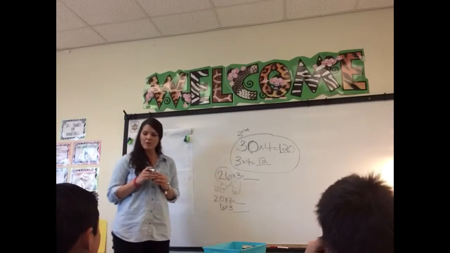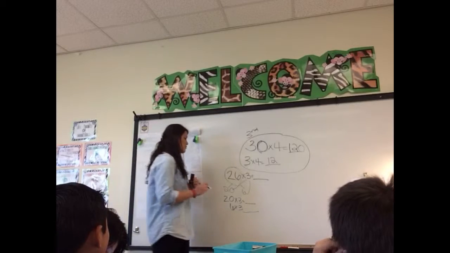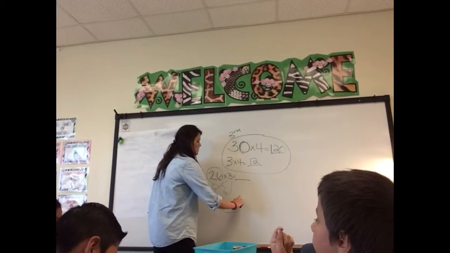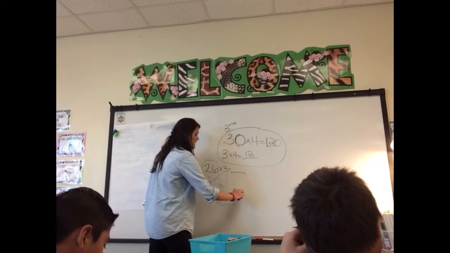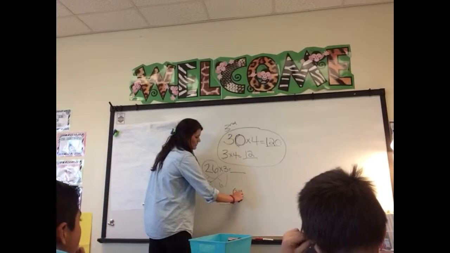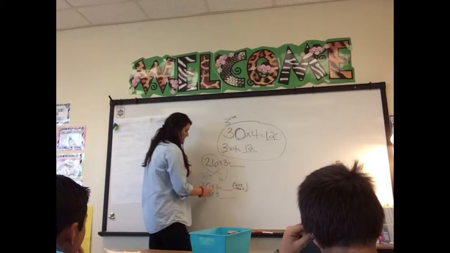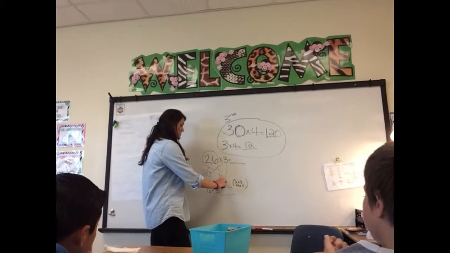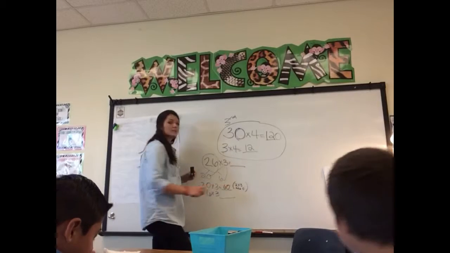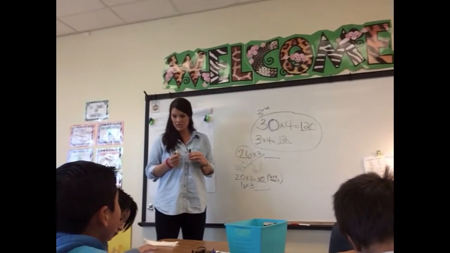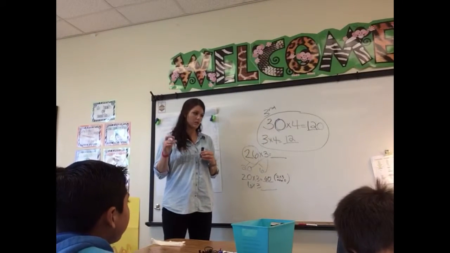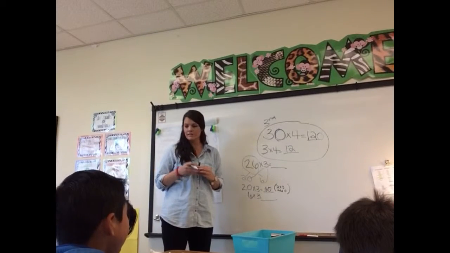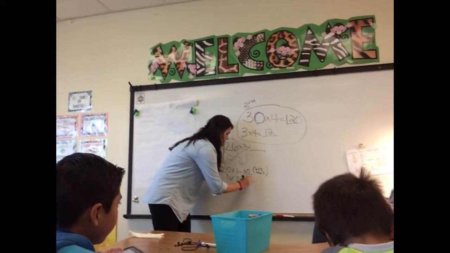Go ahead and solve both equations. What equation would help us with 20 times 3? 2 times 3 and then add the 0. So what is 2 times 3? 6. And then add your 0. So 20 times 3 is 60. And the other one, 6 times 3, is 18.